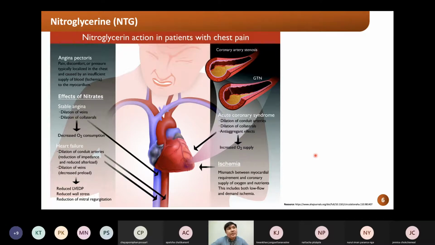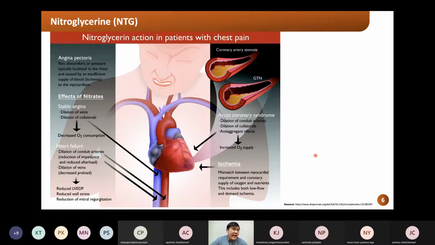NTG is a common drug used to treat angina pectoris. When a patient has chest pain, they take NTG sublingually to relieve the pain, right?